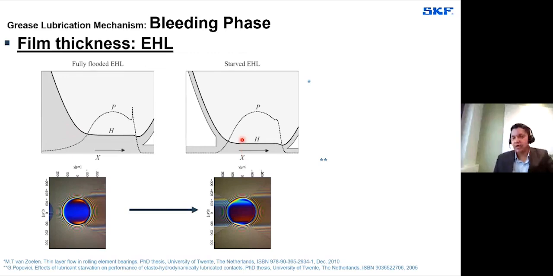You could clearly see the characteristic shape of the pressure distribution is completely different in the starved lubrication, and the pressure spike, which comes near the outlet, in the beginning started to reduce, and at the end it easily vanishes. So this is actually normally what happens in the bearing.